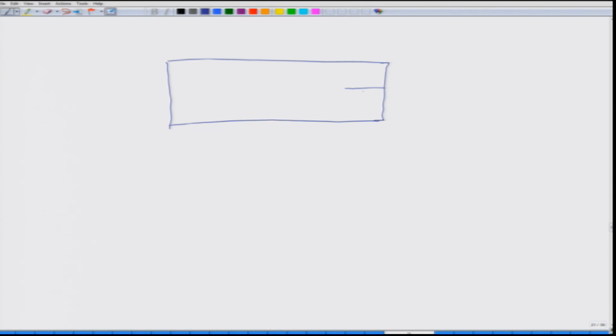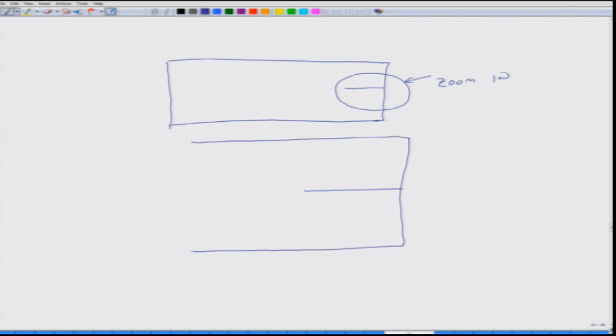So, this line represents a crack, and when I am doing meshing, let us say I zoom in on this area, then this is the crack, this is my metal, right.